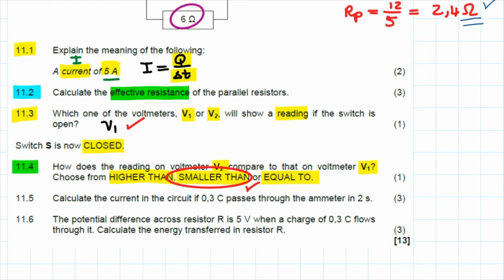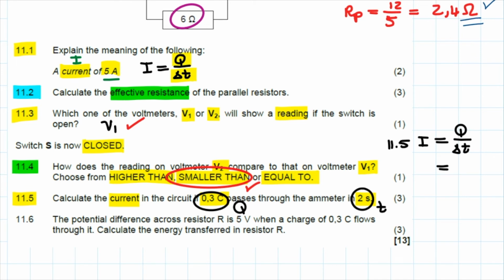Let's go on to 11.5, which says, calculate the current in the circuit if 0,3 coulomb passes through the ammeter in 2 seconds. Coulomb is charge, given the symbol Q, and 2 seconds is time, given the symbol T. For question 11.5, we would like to calculate current, which is equal to Q divided by time.